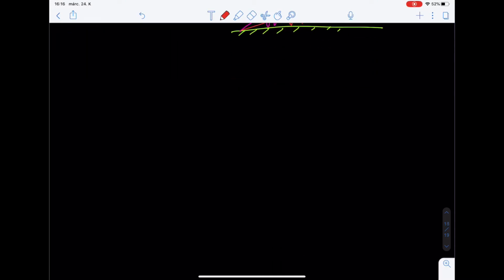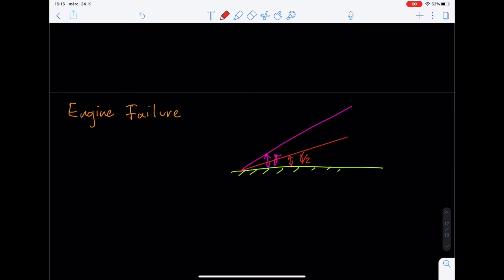But in reality, the loss of the flight path angle is in most cases much more significant than just half of the original value, and we'll see in a bit why. So this is actually quite huge. It's not just losing 50% of the flight path angle, but quite a big deterioration.